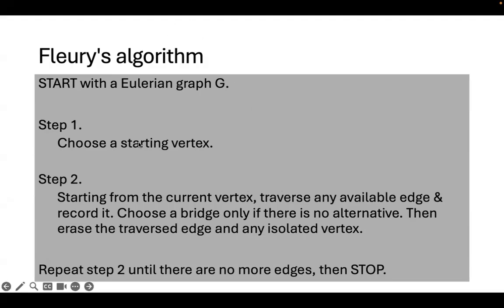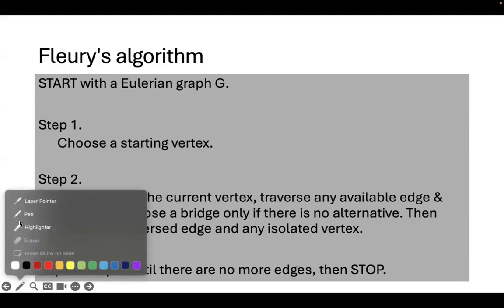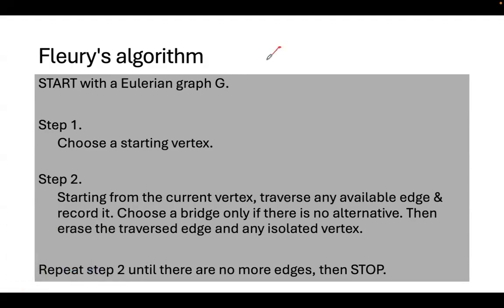So remember, if this is our graph, a bridge is an edge which, if we remove it, the graph gets disconnected. So this is a bridge, that edge. If we remove it, then it's disconnected. But for example, an edge like this one, if we remove it, it's not disconnected. So it's not a bridge.